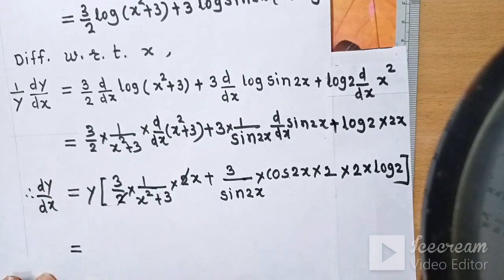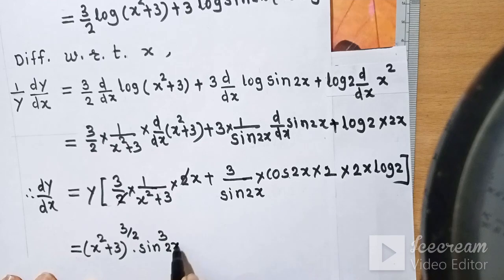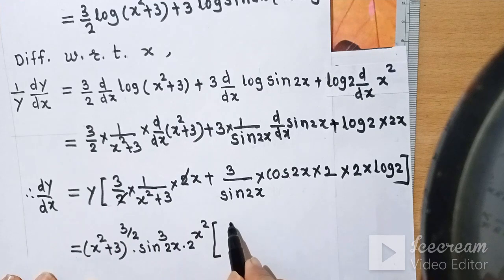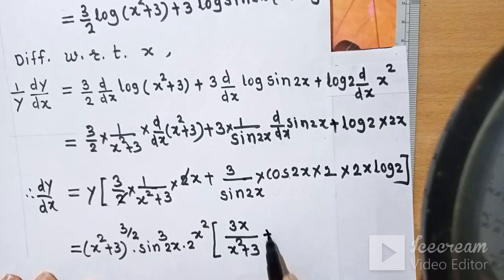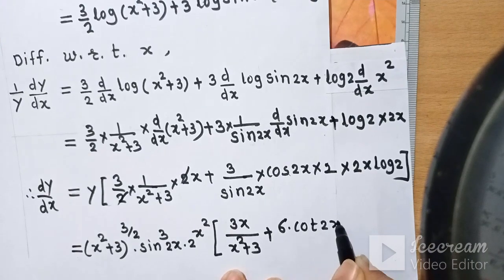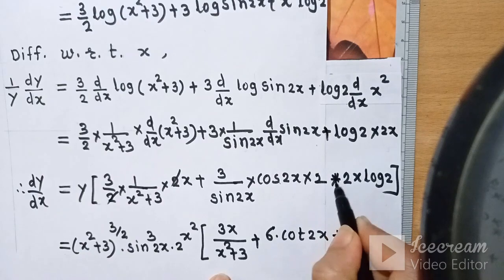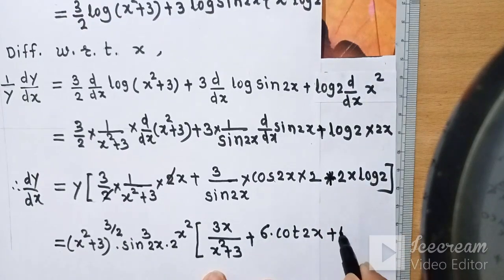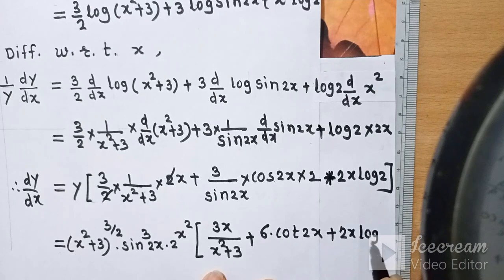Write y, the original function: (x square plus 3) raised to 3 by 2, sine cube 2x, 2 raised to x square, and here 3 into x upon (x square plus 3), then 3 twos are 6 and cos upon sine is cot, and plus 2x log of 2.